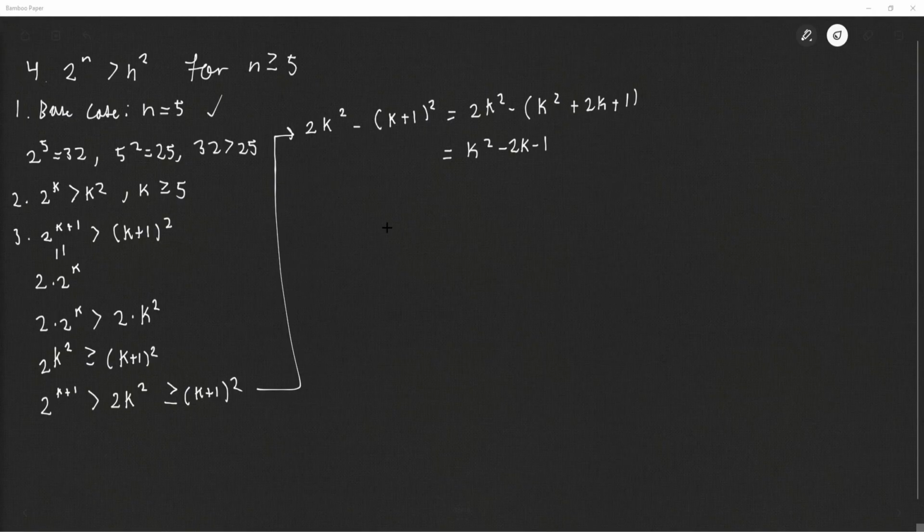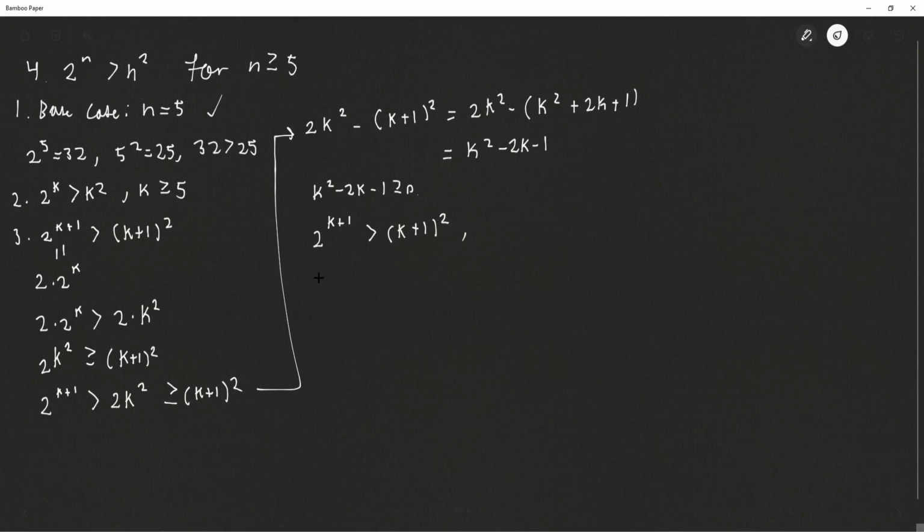So now, because this comes from the inequality, we want k squared minus 2k minus 1 to be greater than or equal to 0. However, for when k is greater than or equal to 5 from our hypothesis, this is true. So this means that our 2 to the k plus 1 is greater than our k plus 1 squared.